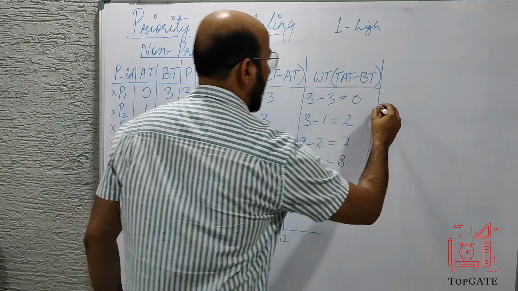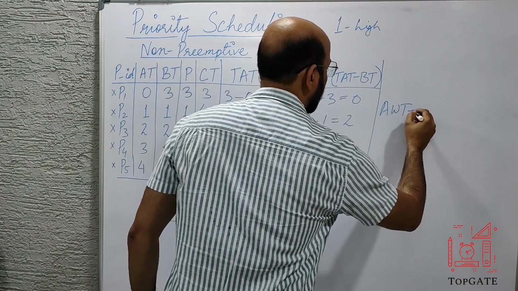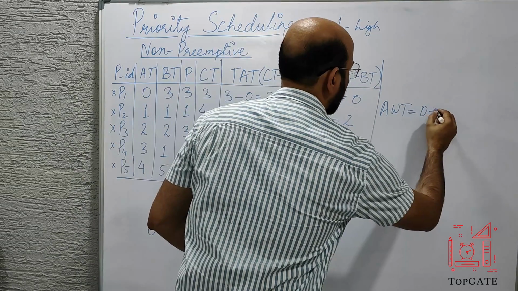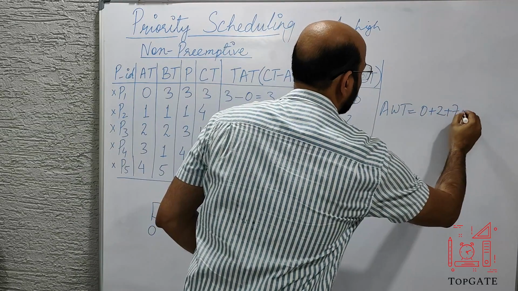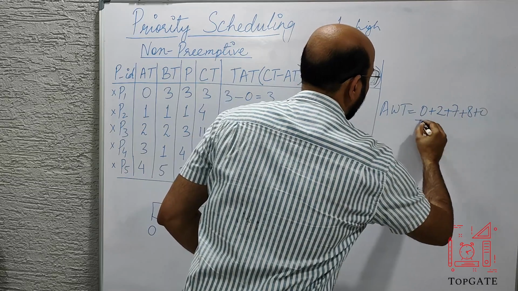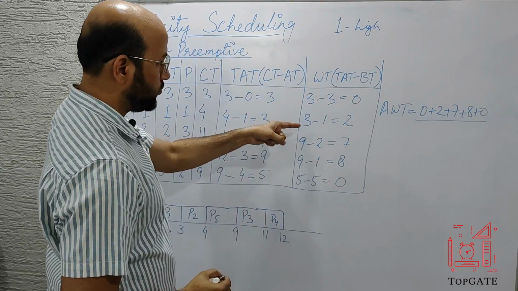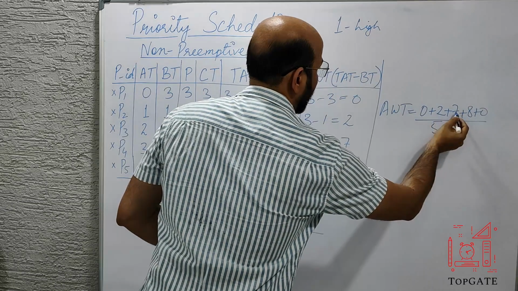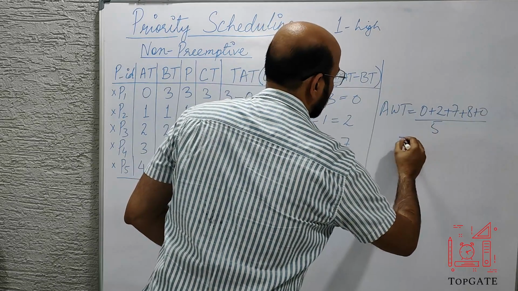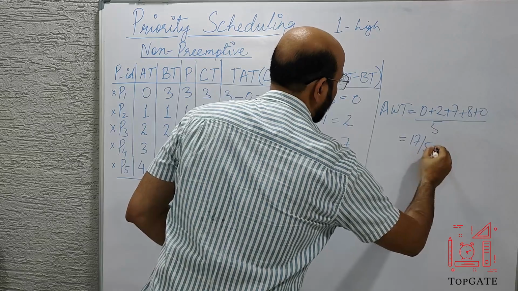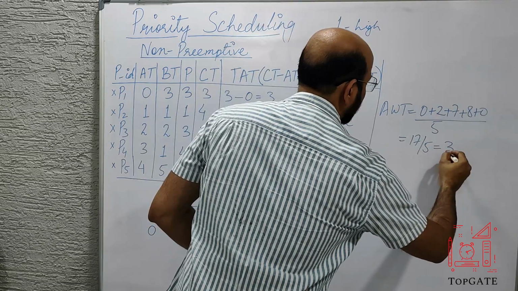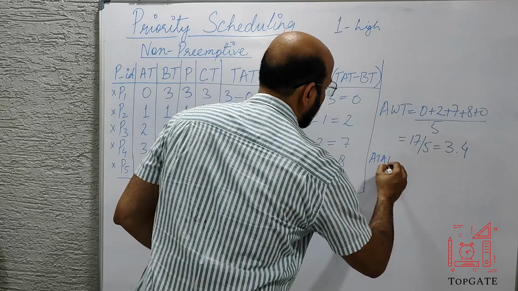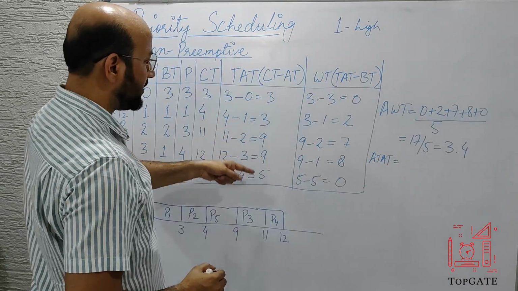Now let's calculate the average wait time and the average turnaround time. So average wait time is 0, 2, 7, 8, 0. That is 0 plus 2 plus 7 plus 8 plus 0 divided by the number of processes, 1, 2, 3, 4, 5. So I'll put 5 here, and that is 7 plus 2 is 9, 9 plus 8 is 17, divided by 5. That will give you 3.4, and the average turnaround time will be 3, 3, 9, 9, 5.